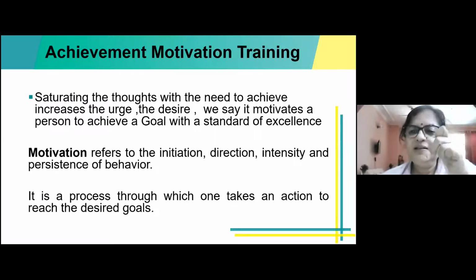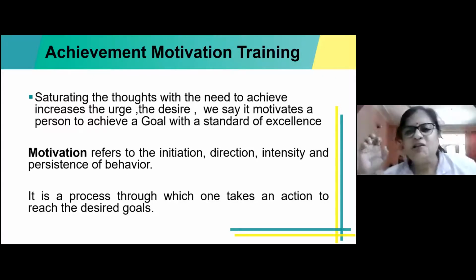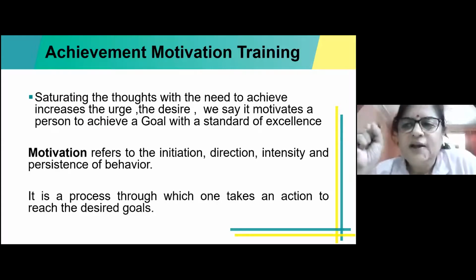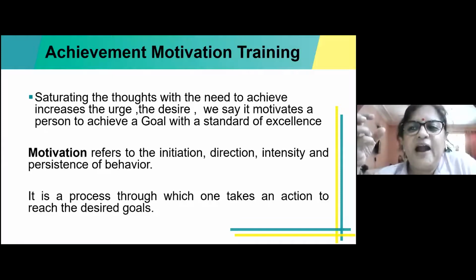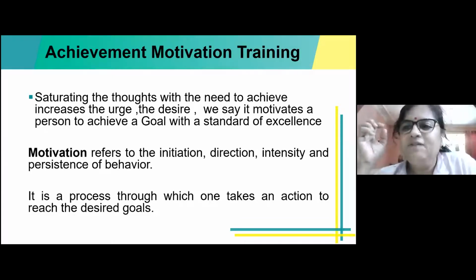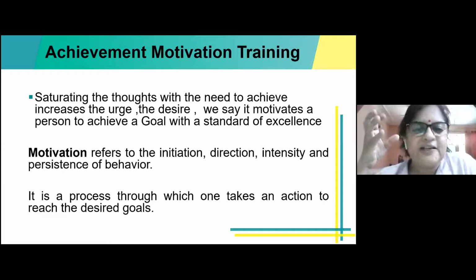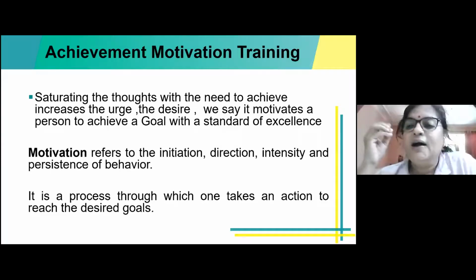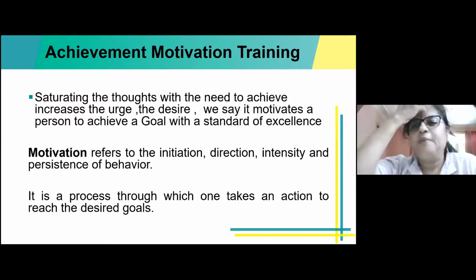So when we see these stories, what do we test them for? We test them for the saturation of thoughts with the need to achieve. And then we try to increase their urge, desire for achieving goals with a standard of excellence, because entrepreneurship can be taught.